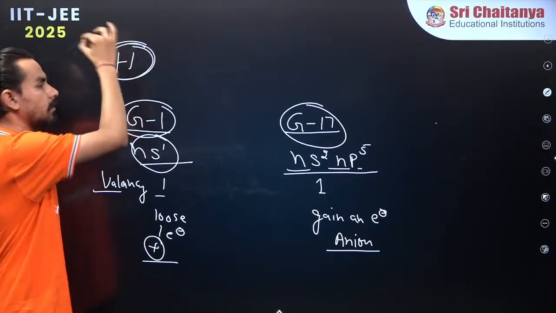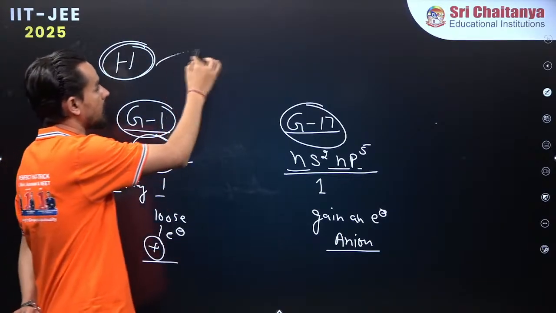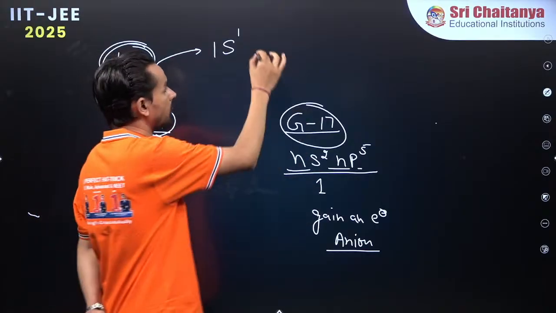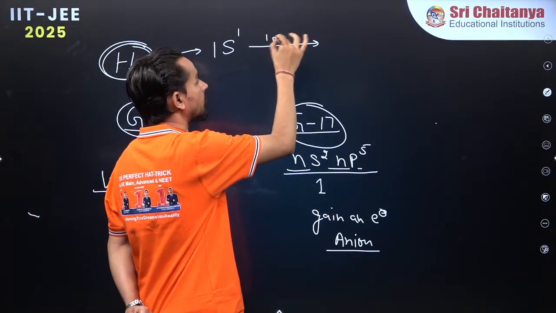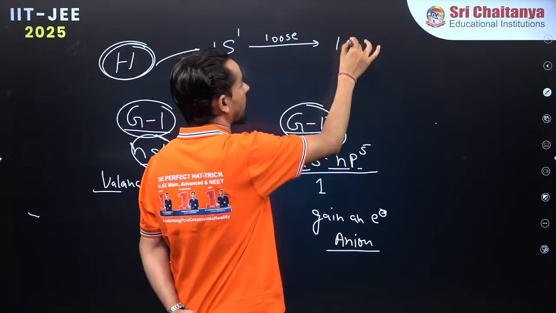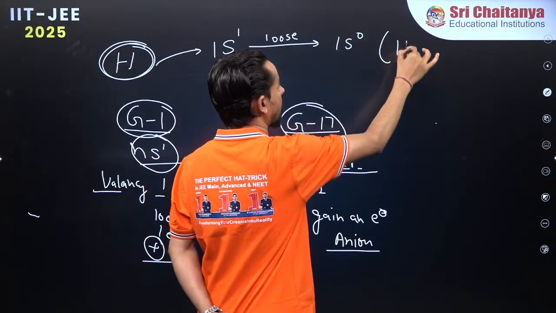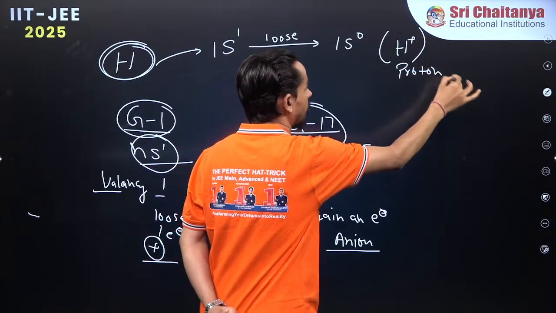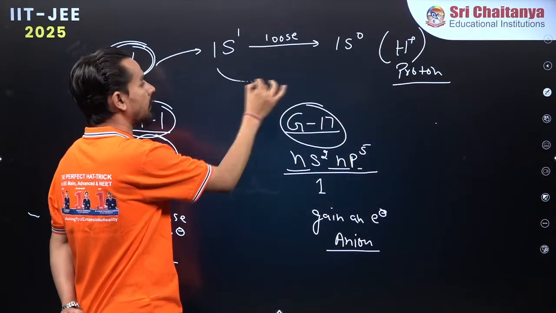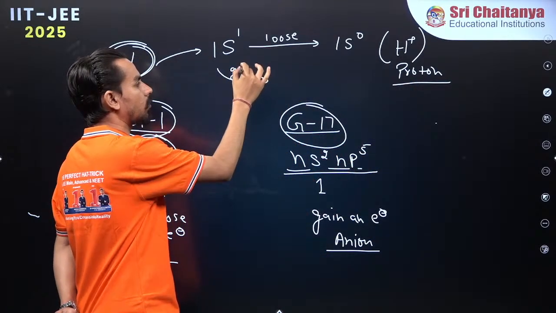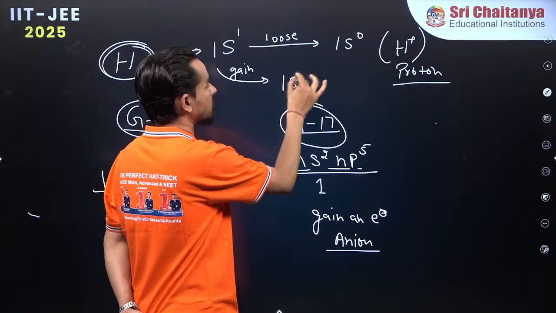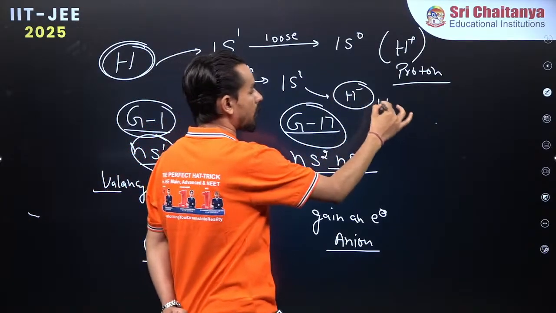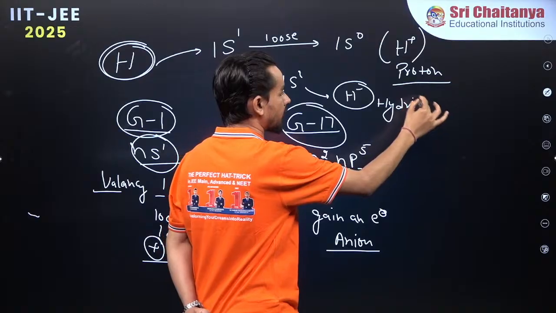Now hydrogen, as we know, has 1s1 configuration. So it can lose one electron and form 1s0, that is known as H+, also known as proton, or it can also gain one electron and form 1s2, that is known as H-, called hydride ion.